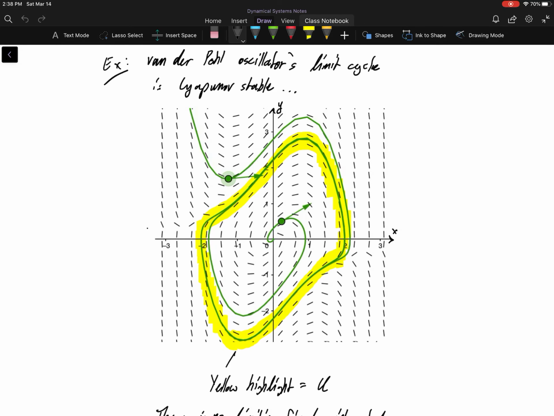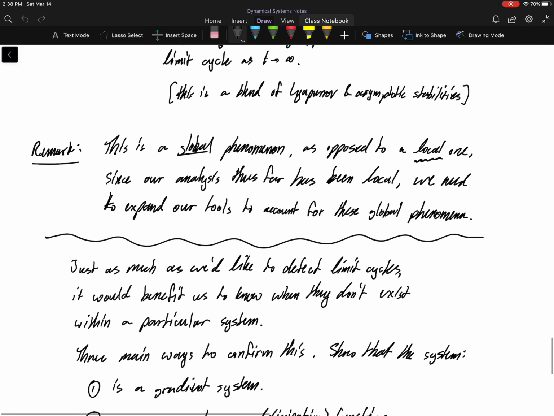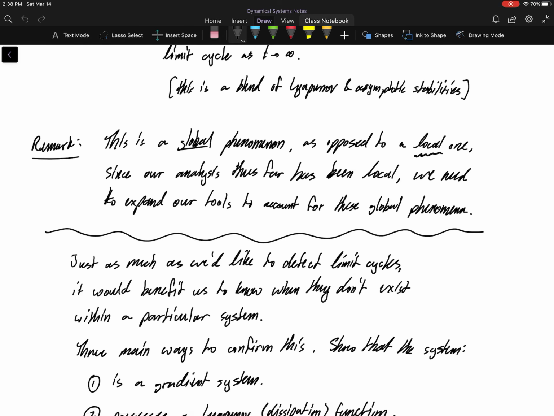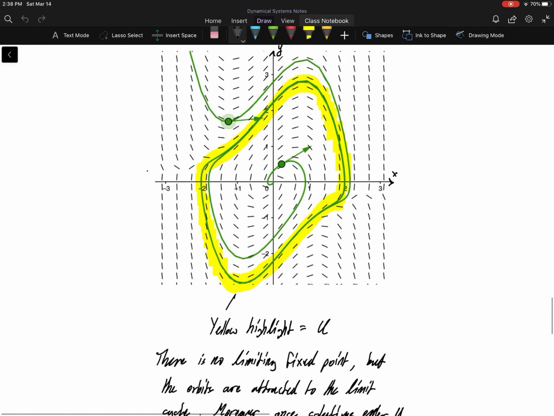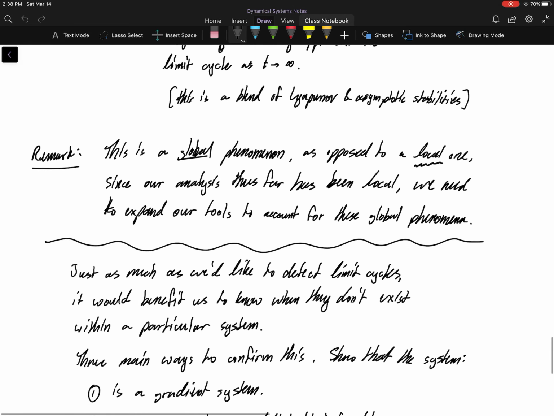The analysis now has to extend to a broader collection of sets. We can't just go straight to a local analysis. We can't zoom in around a single location, because that limit cycle exists in a lot of different places. Hence, global versus local stability.